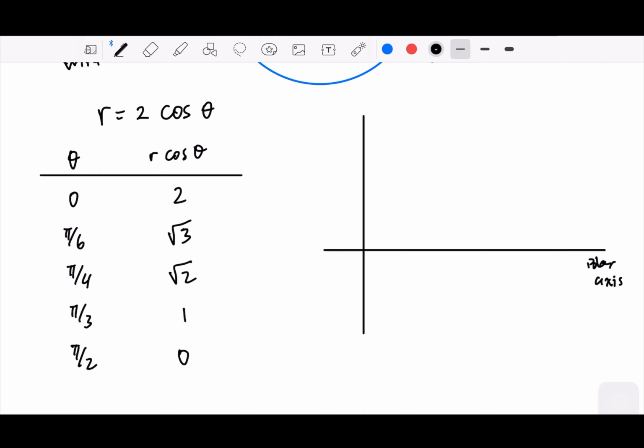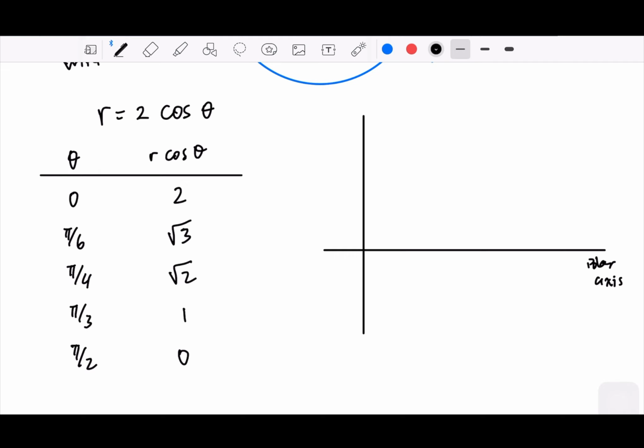When the angle is 0, the curve has distance 2, right? So angle 0 here. We will draw from 0 until pi over 2, and maybe until pi.